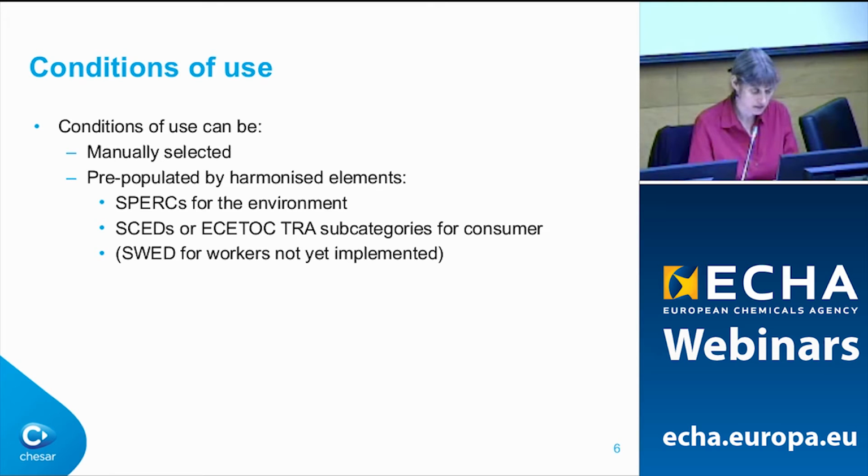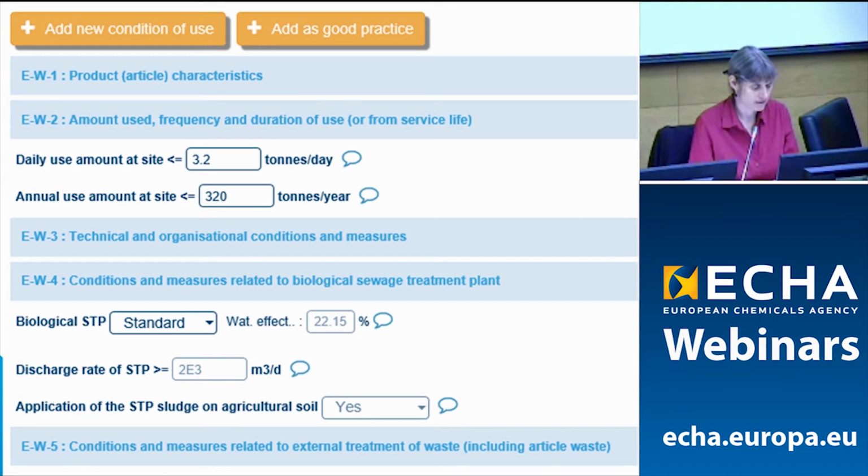They will be implemented in the next version. That's how the conditions of use section looks on the screen. You see the different exposure scenarios subheading, and here I have a few conditions of use which are already there, and there will be the possibility to add a new condition of use.